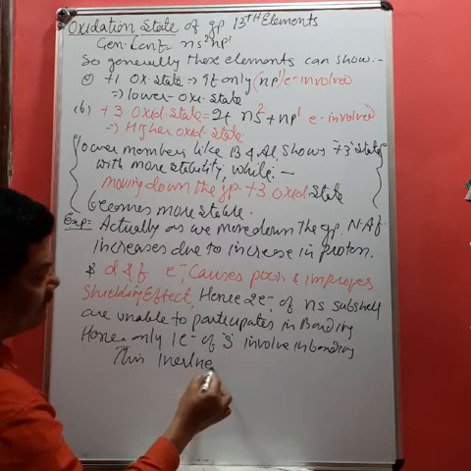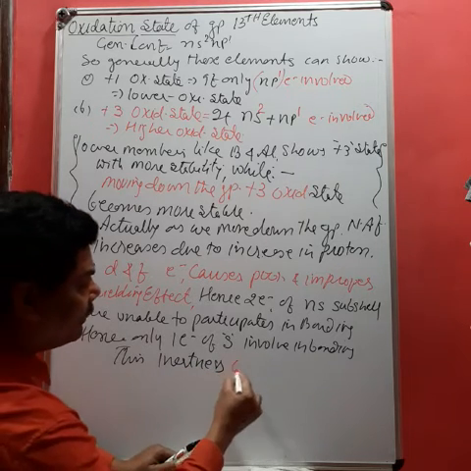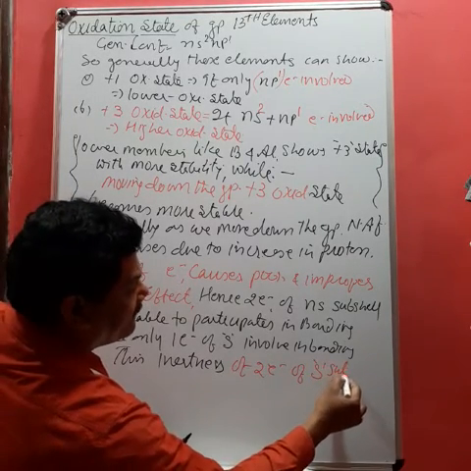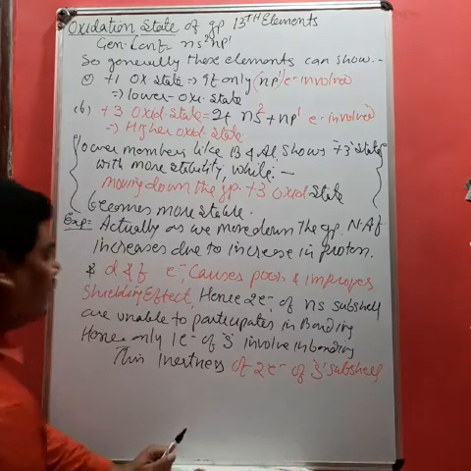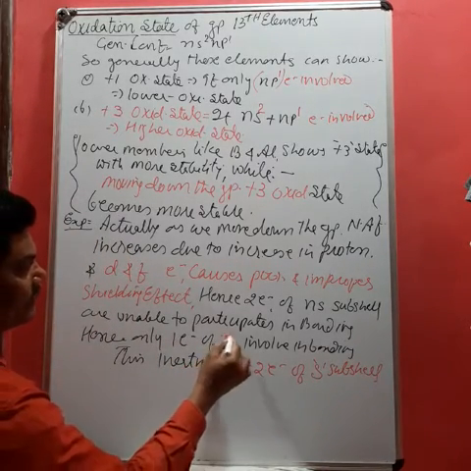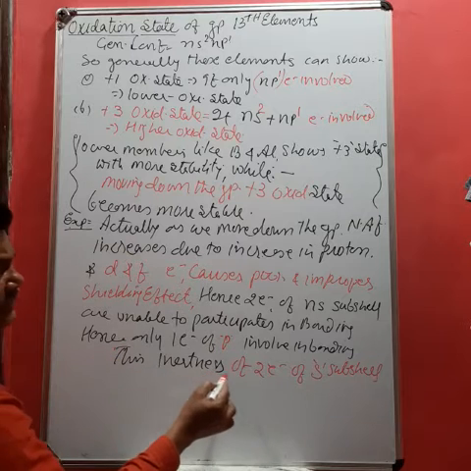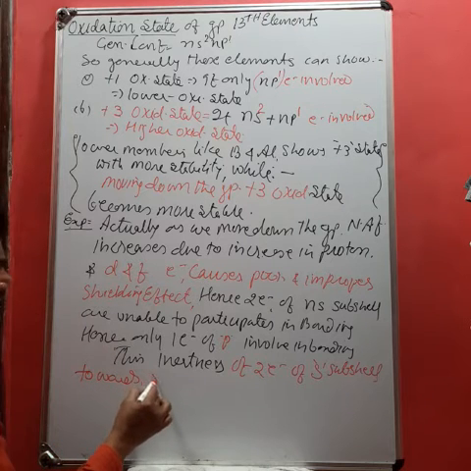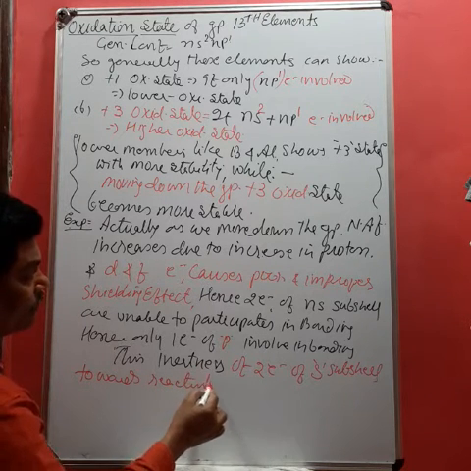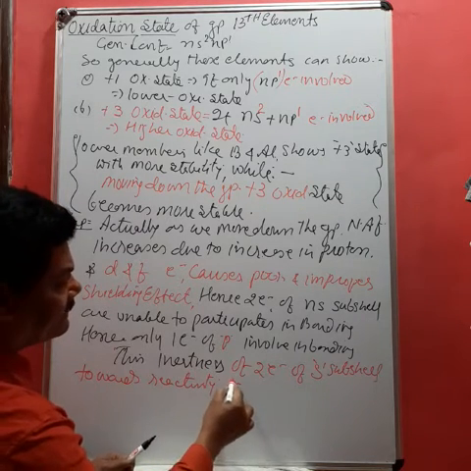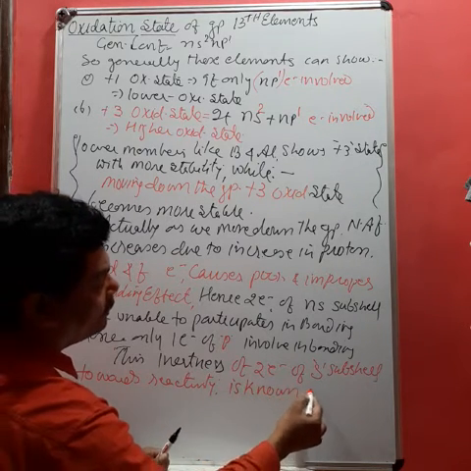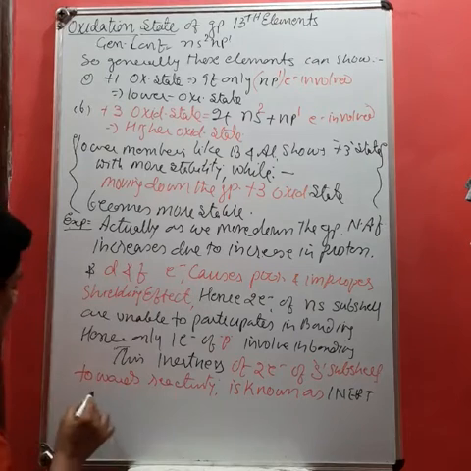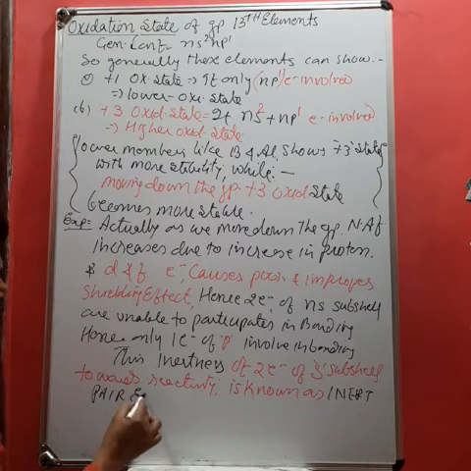This inertness of the 2 electrons of the s subshell towards reactivity is known as the inert pair effect.